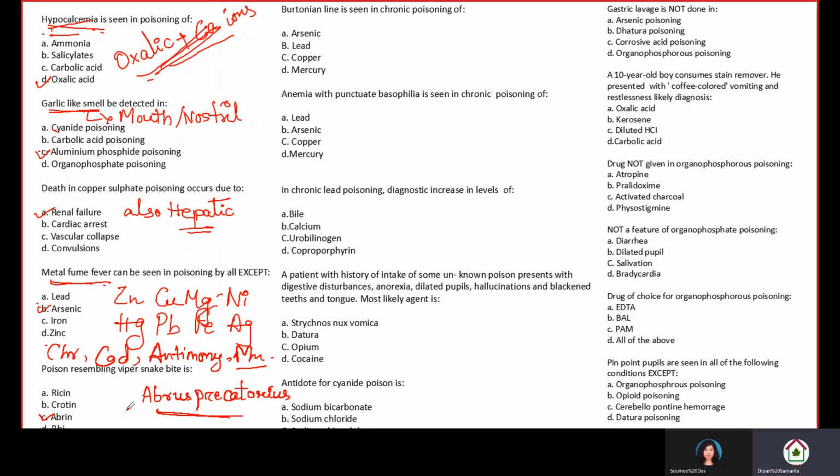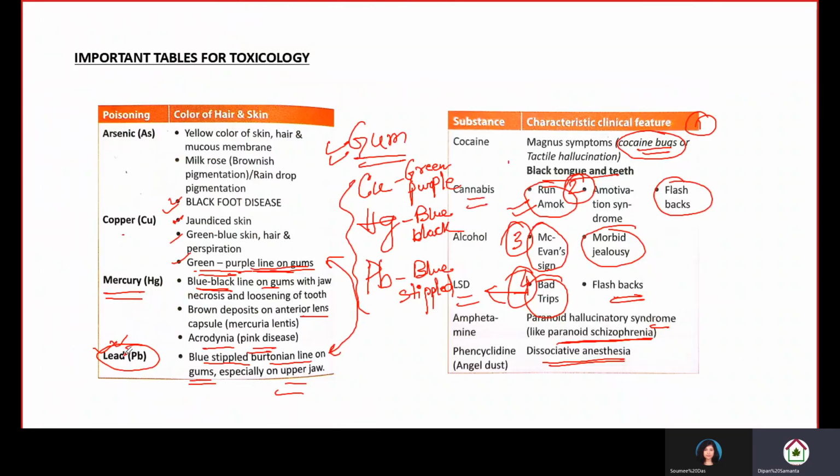Next, Burtonian line is seen in chronic poisoning of, obviously it's lead, as we have already discussed. A stippled blue line, right?